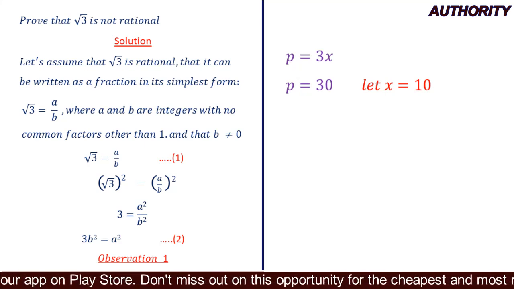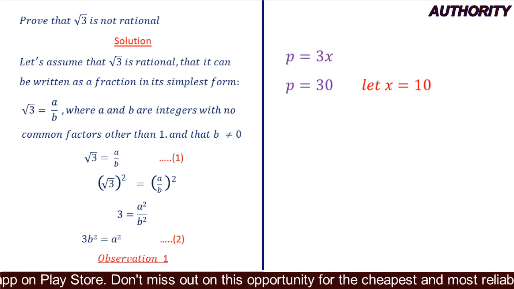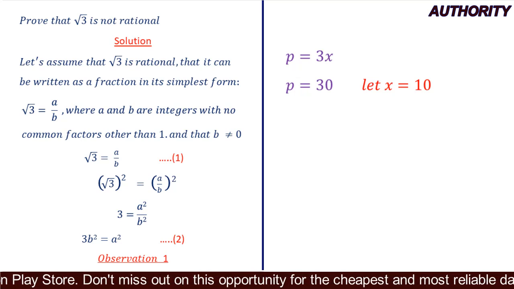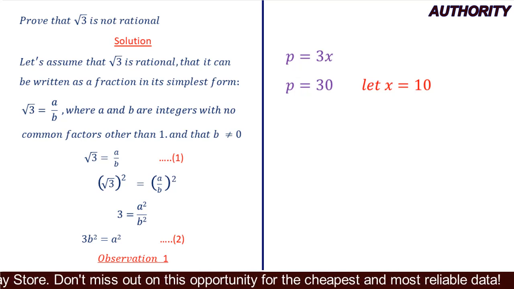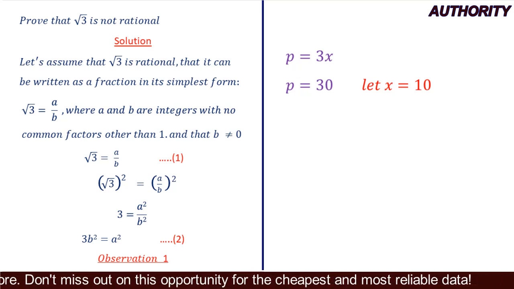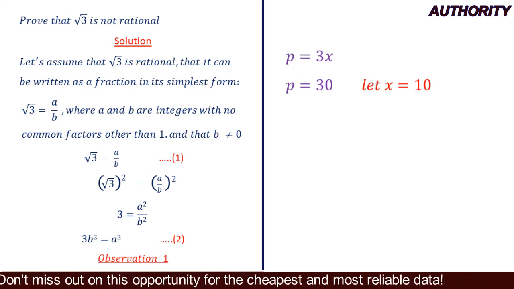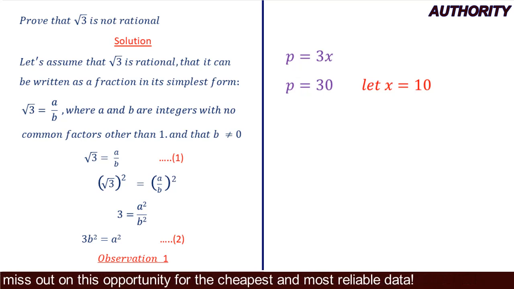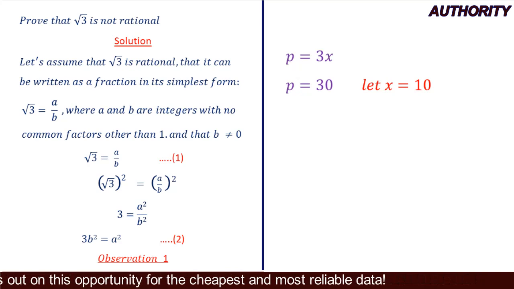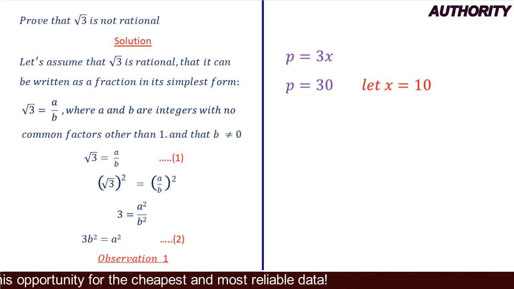Now as p is equal to 30, you can see clearly that this 30 is divisible by 3. That means if 30 is divisible by 3, it's also telling you that p is divisible by 3, because p is 30. Are we together?